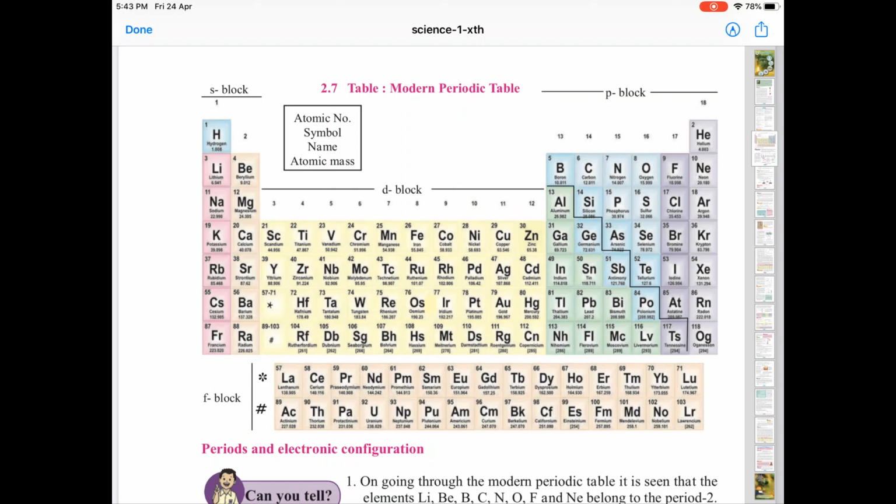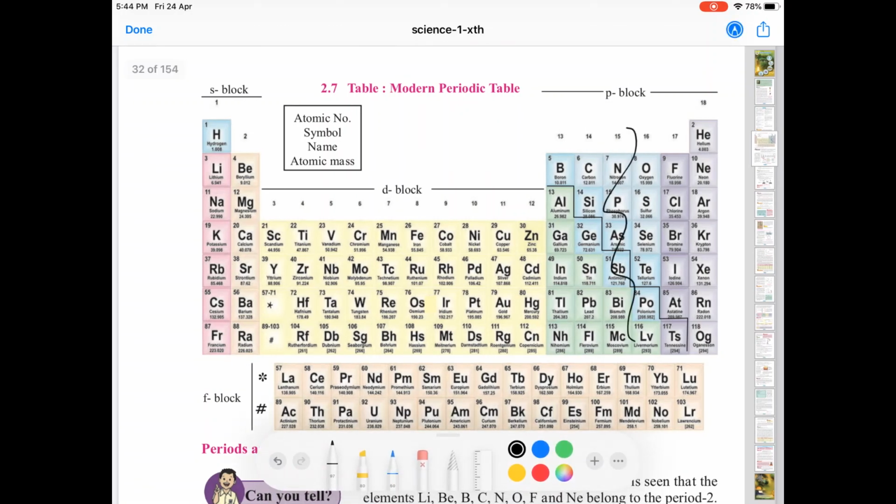Now, we know as we go from left to right, the atomic size decreases. So, you can think about this, that if the atomic size is decreasing, it would be very difficult for the elements on the right, all these elements, to donate electrons.